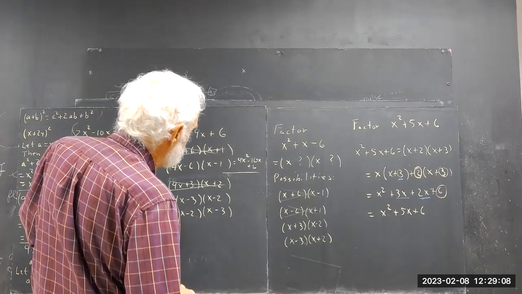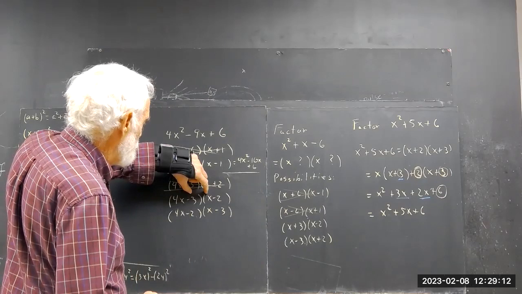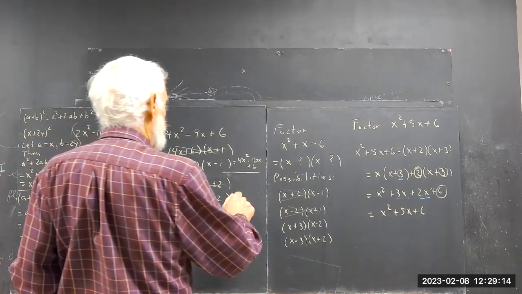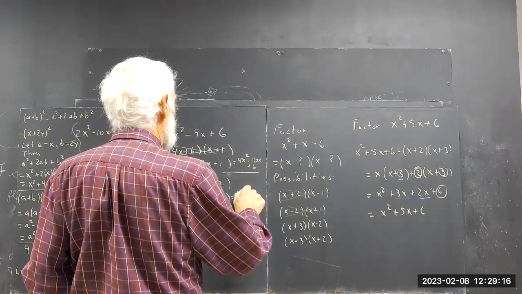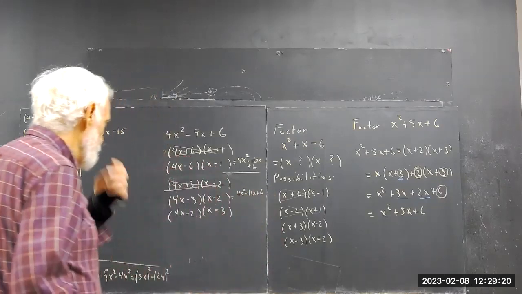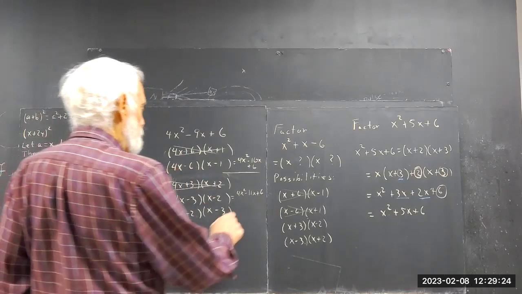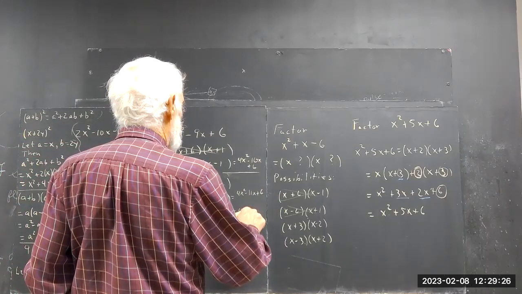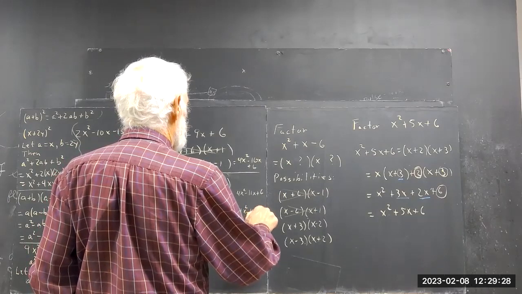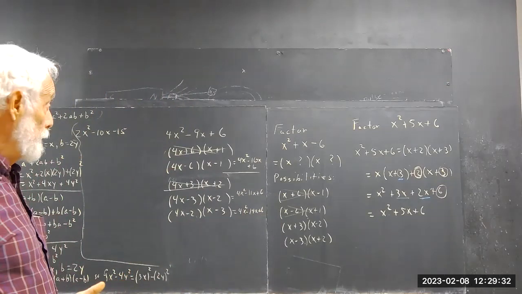Okay. So if we multiply this out, we're going to get a -3x and a -8x. That's going to give us 4x squared -11x + 6. And this is going to give us -2x and -12x. So that's going to give us 4x squared -14x + 6. Other possibilities I haven't written down.